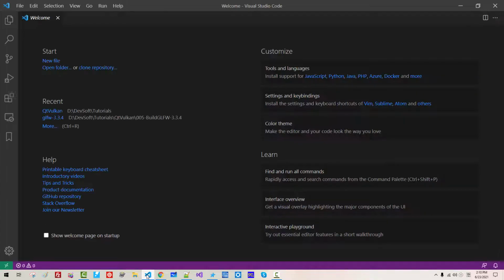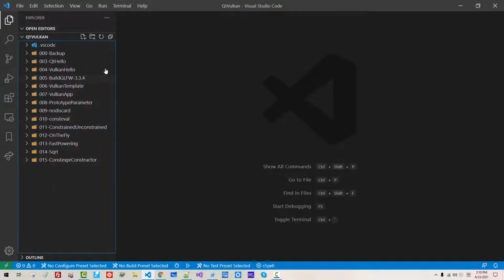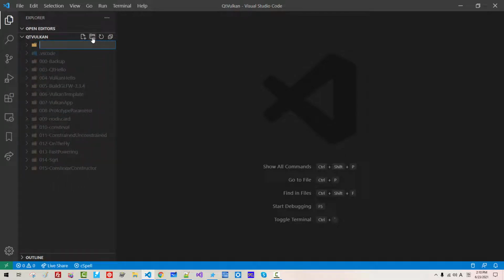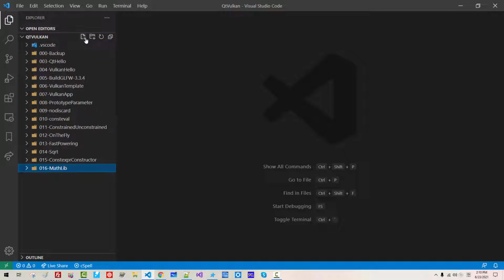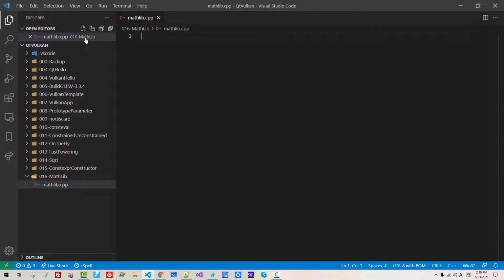Start Visual Studio Code, open your working folder, select empty space, click this button, 0_16_MathLib. Click this button, MathLib.cpp, hit enter.